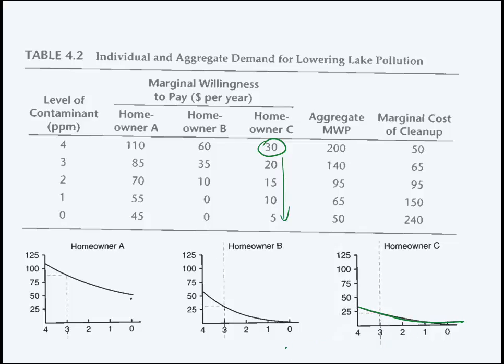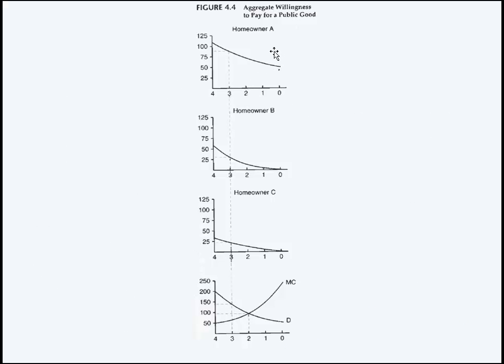Right. Now the graph just tries to show the 3 homeowners underneath each other, right? And then it shows how we added the total demand for clean water. So homeowner A, for a level of 3 units of pollution in the water, is willing to pay, what was it, 85.